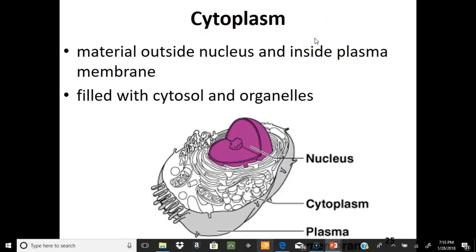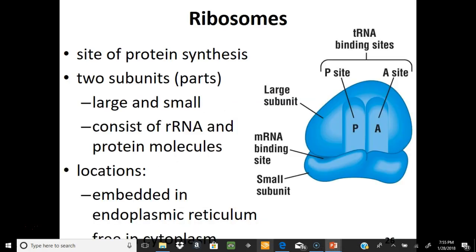The cytoplasm then is outside of the nucleus but inside the plasma membrane, and it's filled with all of the organelles. One of those structures is called a ribosome. So ribosomes are double or two-part structures. They consist of a small and large subunit.